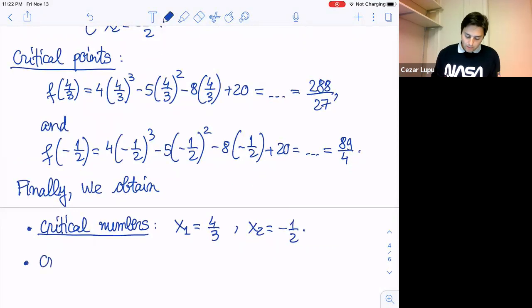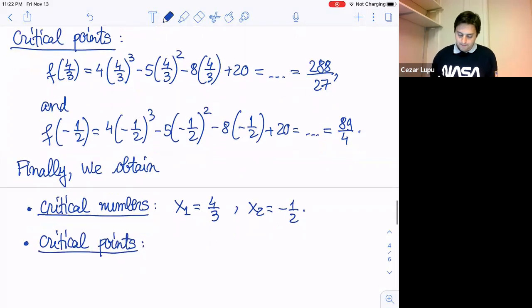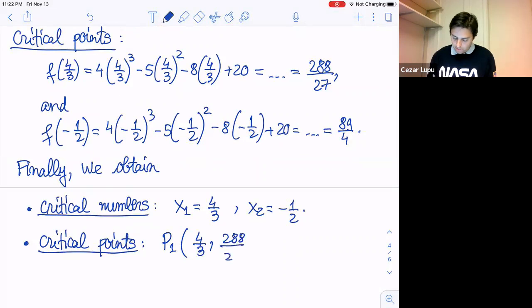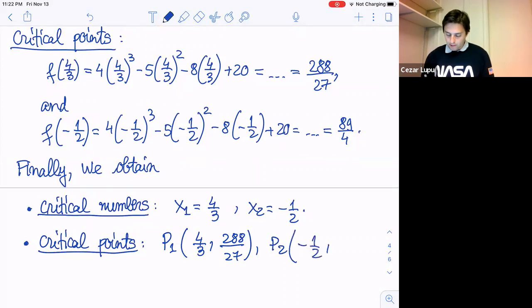And the critical points are P1, the first point of coordinates 4 over 3 and 288 over 27, and the second point, P2, of coordinates negative 1/2, 89 over 4. Okay, and that's it.